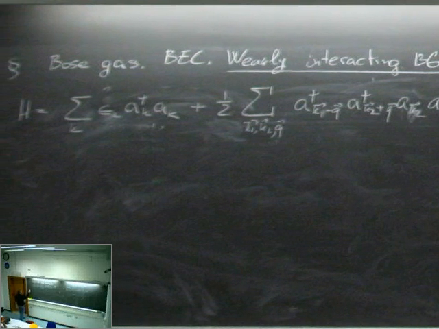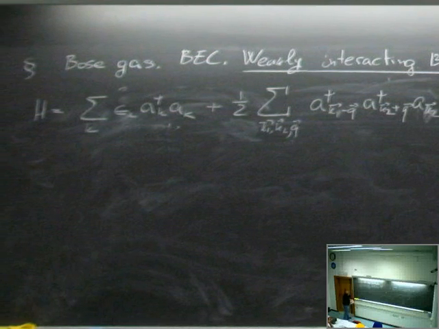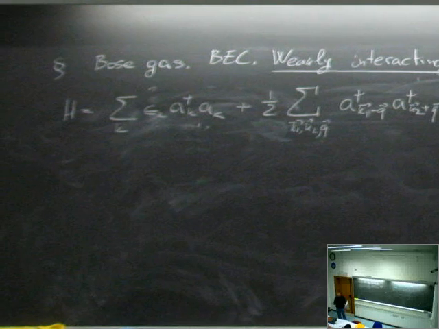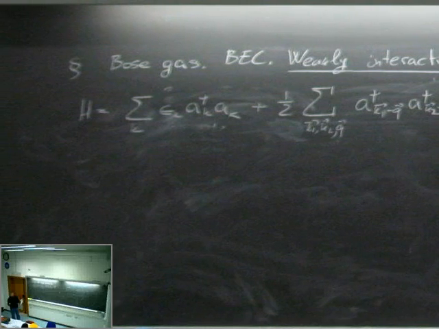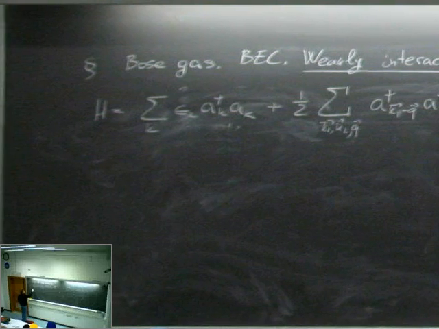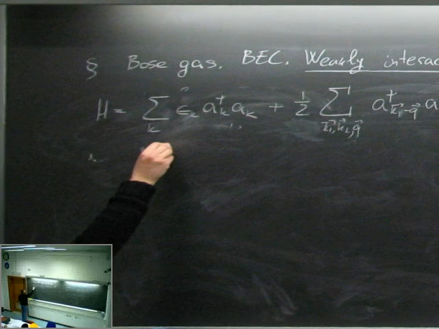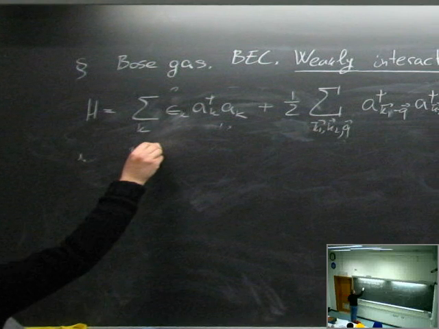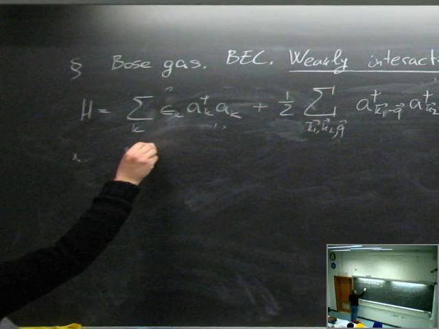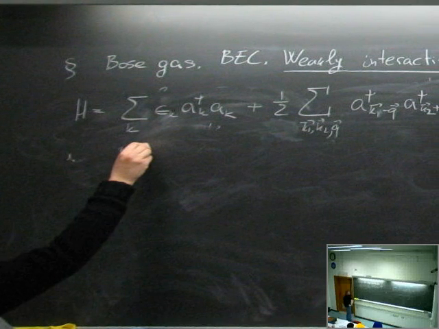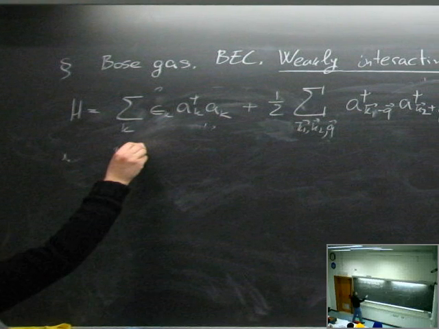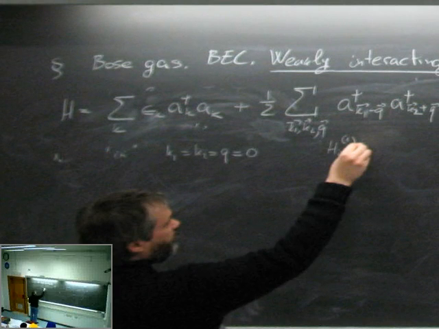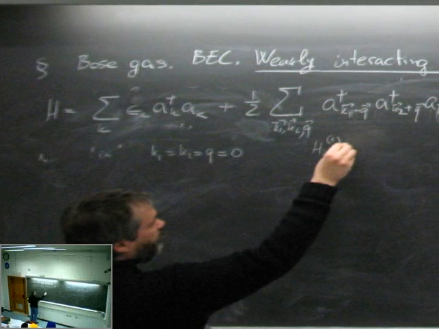So first of all, let's discuss the only process where both particles of the scattering are in the condensate. So both in, which means k1 is equal to k2 is equal to q is equal to 0. So then H_interaction1 is equal to what?